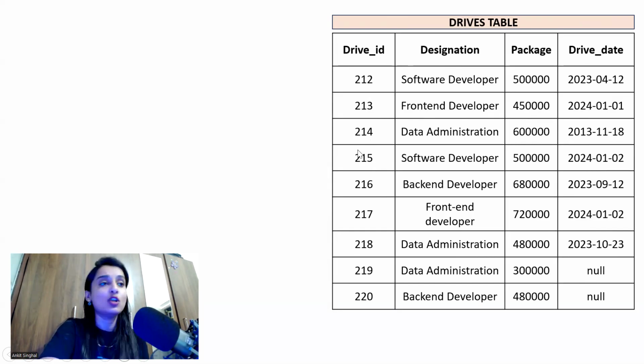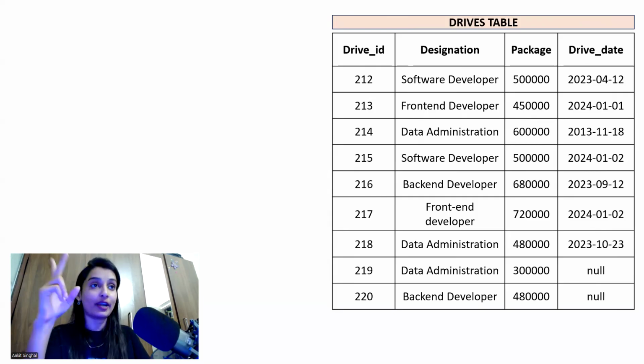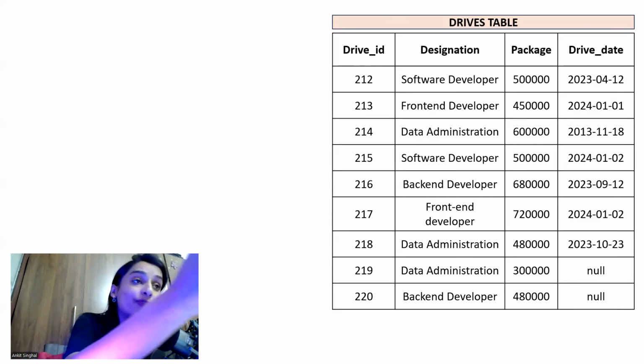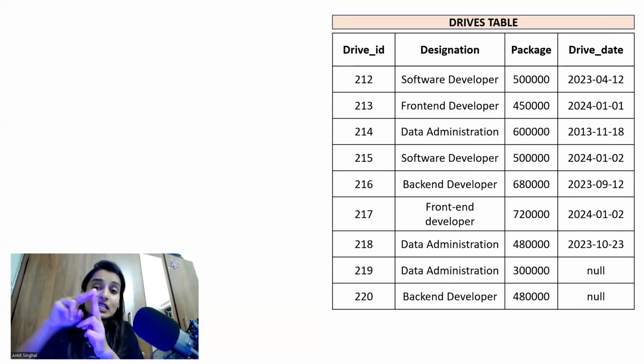So if you want these 2 records, you have to skip the first 2 records. So I need 2 records from the drives table by skipping the initial 2 records, and whatever 2 records come after that, you have to display.